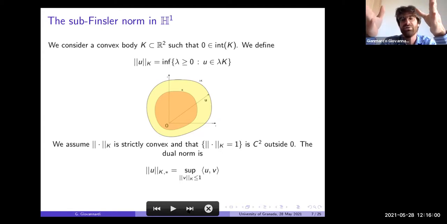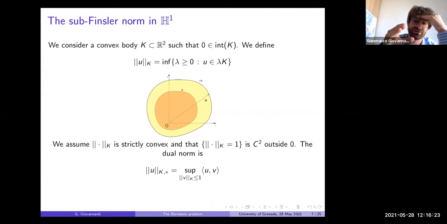We can define the norm at the origin plane, that is xy, and we fix a convex body in this plane xy. That convex body is K, a convex body in R2 that contains the origin in the interior of K. And how do we define the norm?